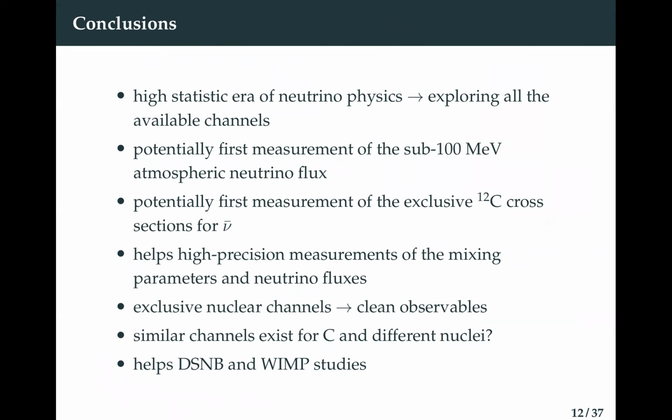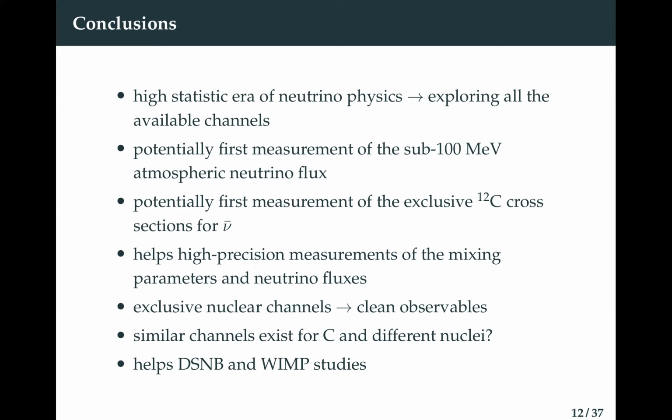Okay, so these would be my conclusions for the first part: we are moving to very high precision neutrino physics right now, and we want all hands on deck, all available detectors, all available channels to get as much information as we can.